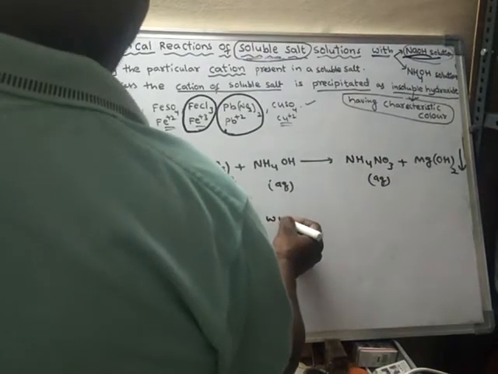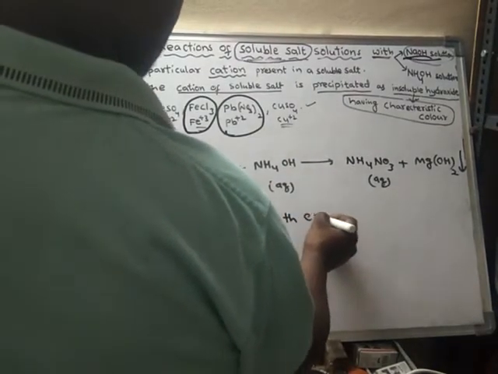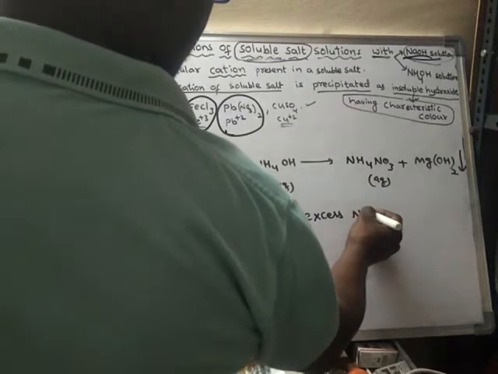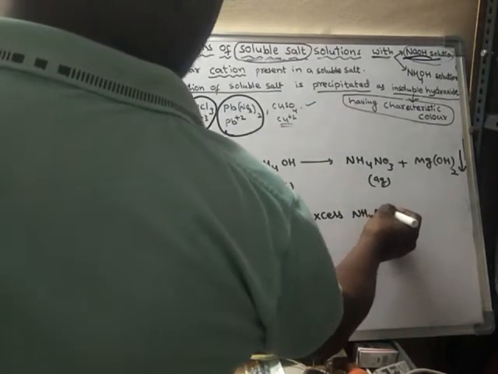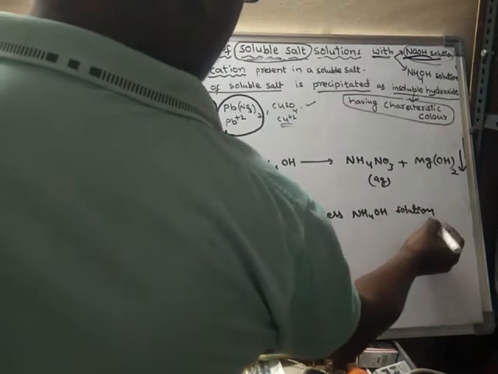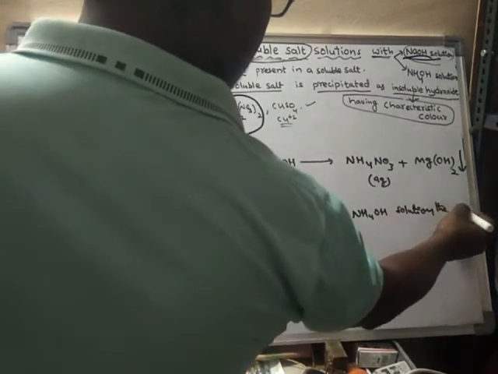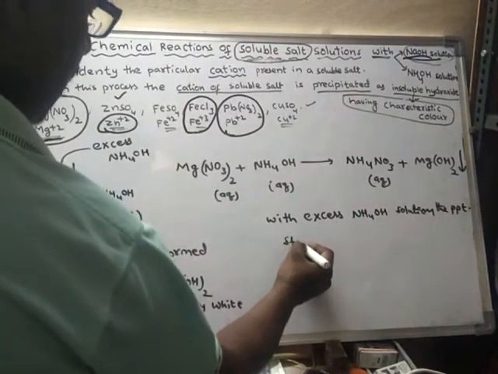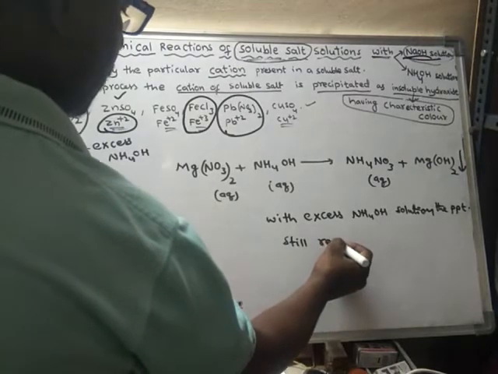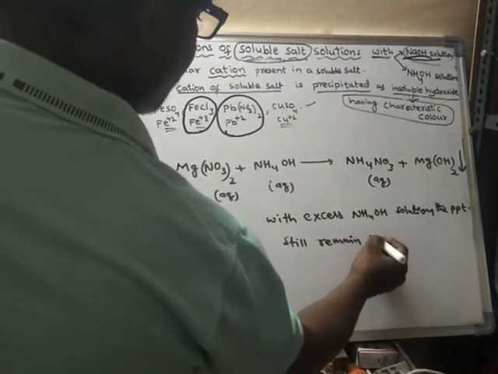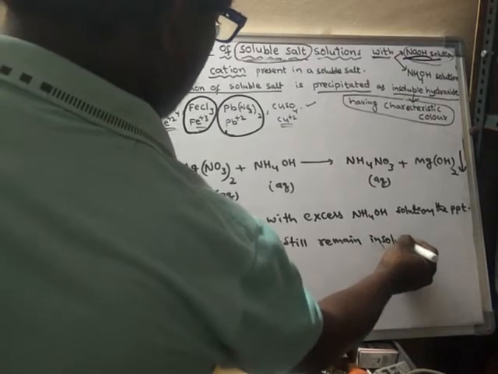So with excess amount of ammonium hydroxide solution, what happens? The precipitate still remains insoluble.